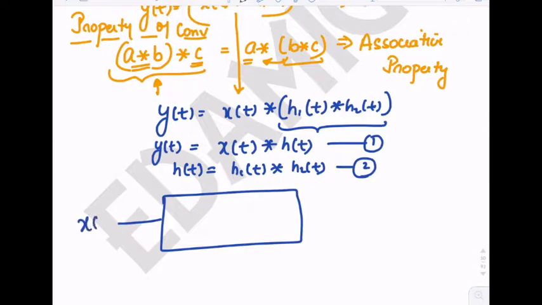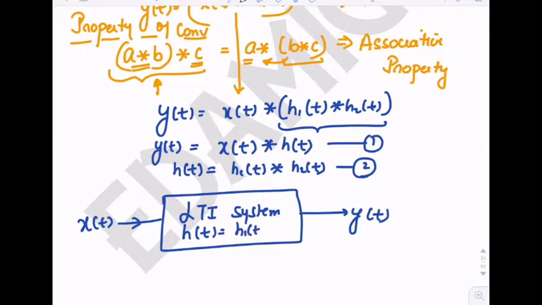if input is x(t) and output is y(t), then this is the LTI system which has impulse response h(t) equal to h1(t) convolve h2(t).